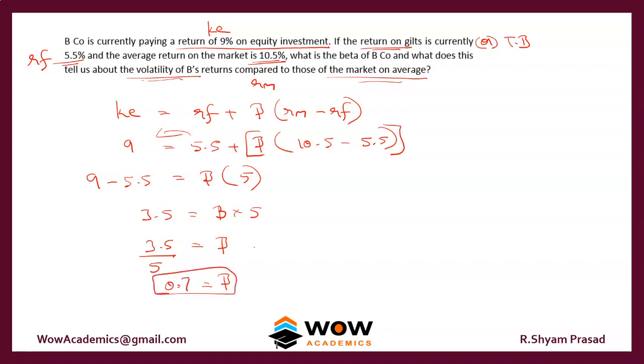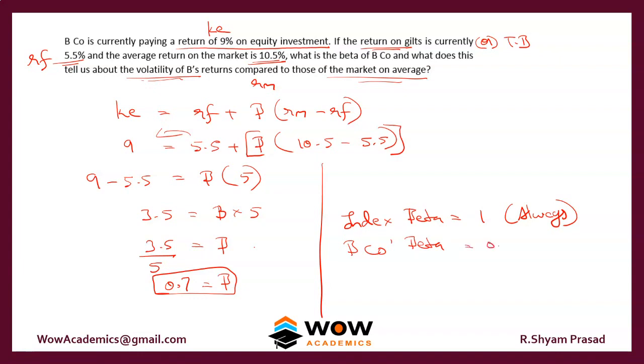So as discussed in the theory, this company has 0.7 beta. The normal index beta is always 1. This company, BCO's beta is 0.7.